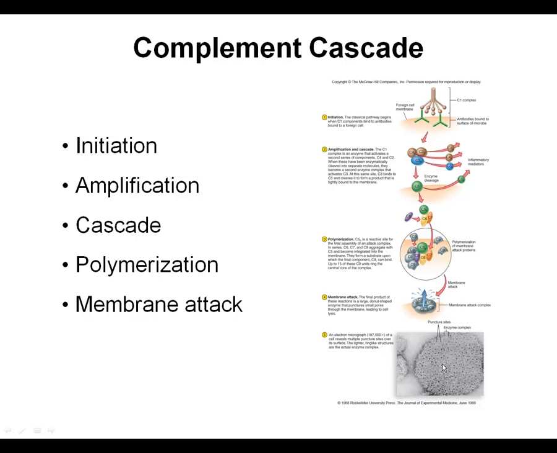And once you have all of these little holes within the membrane, everything on the inside is going to flow out, and anything on the outside is going to flow in, and this cell is eventually going to lyse and be destroyed.